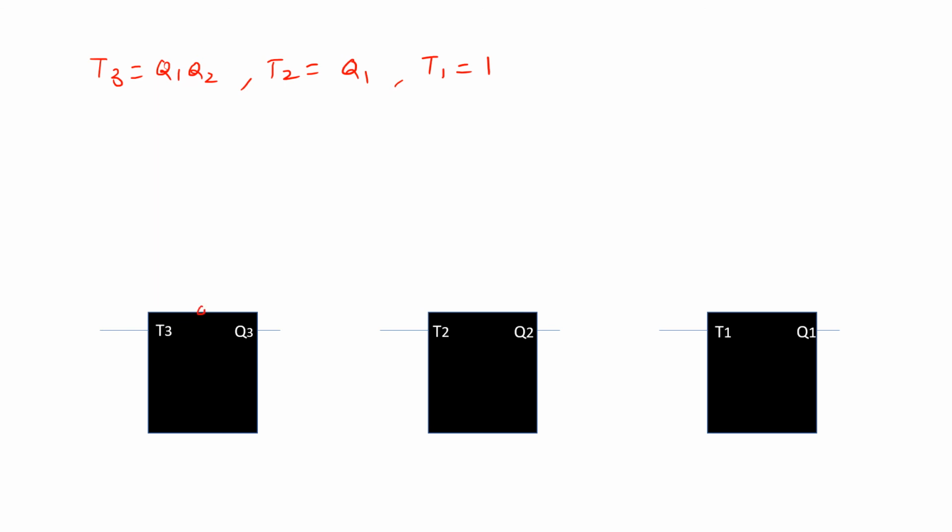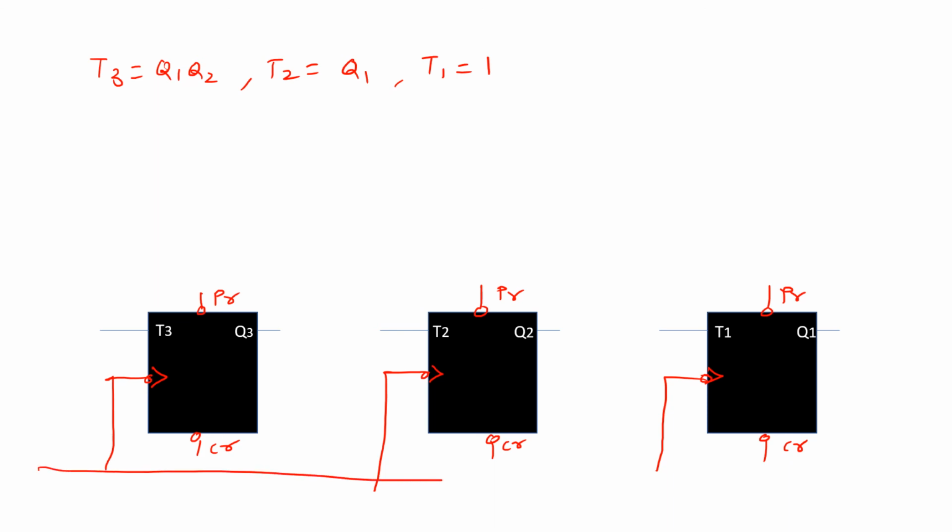We are having preset for each and clear for each flip-flop, and then a clock for each flip-flop. And these clocks are tied together and connected to the main clock terminal.